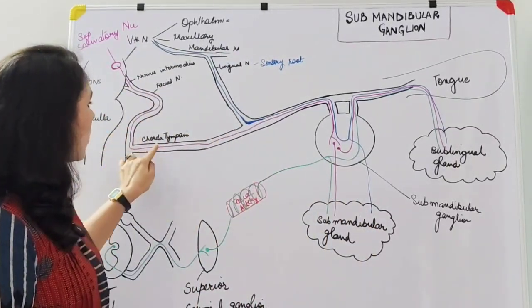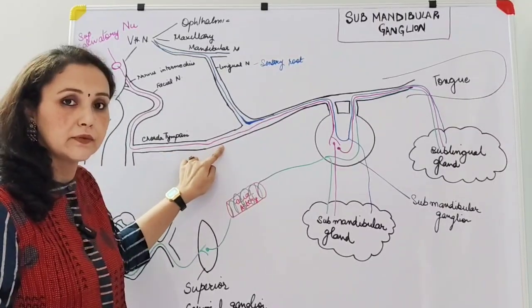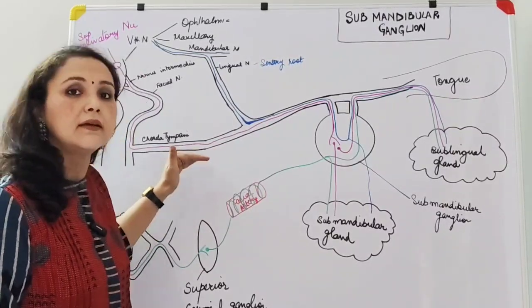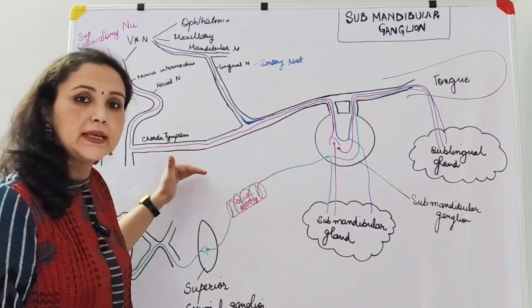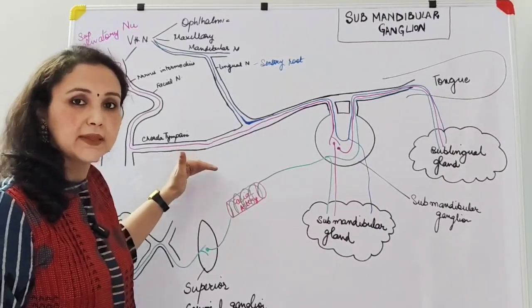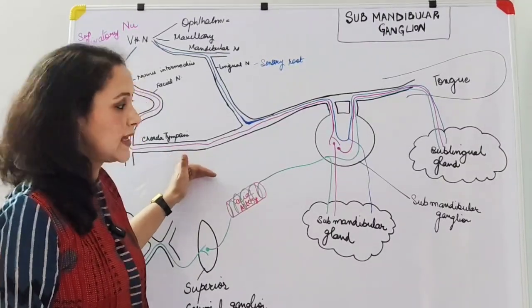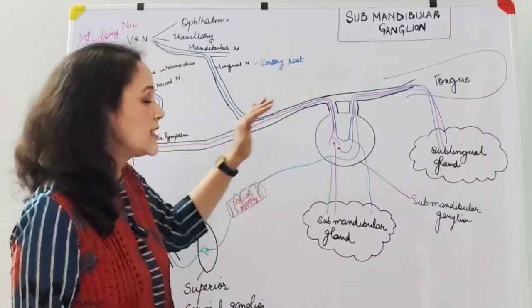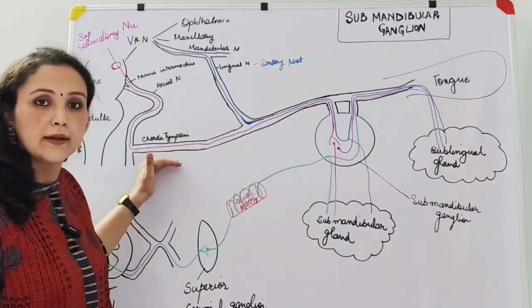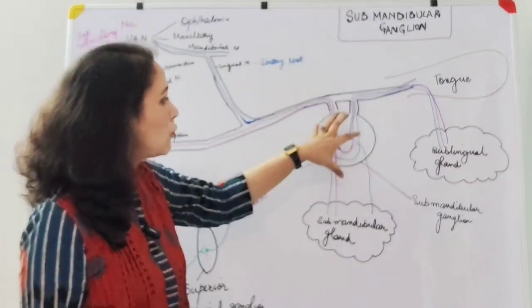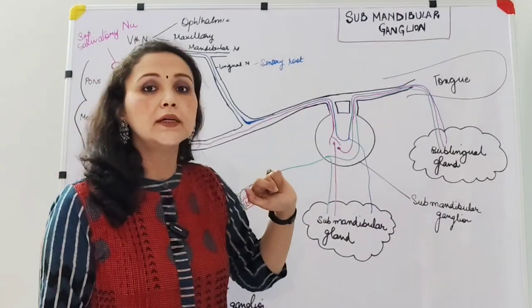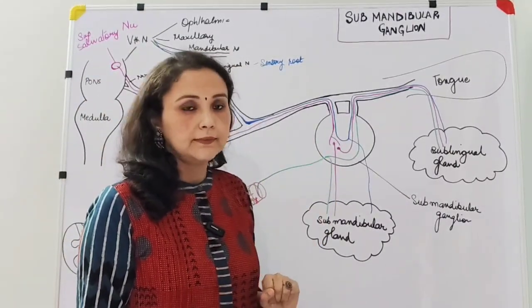That is the chorda tympani branch of the facial nerve. So chorda tympani is carrying the preganglionic parasympathetic fibers. So we say that this ganglion is functionally related to chorda tympani, whereas topographically it is related to the lingual nerve.